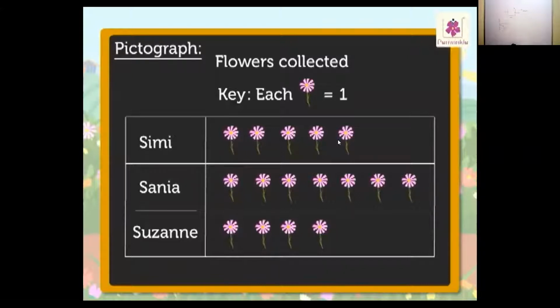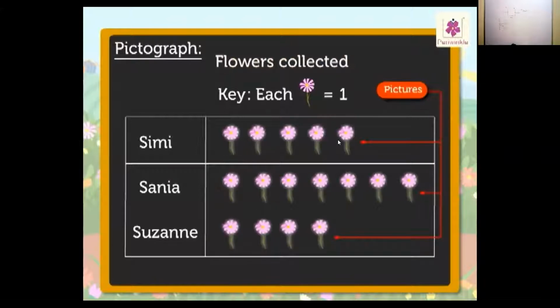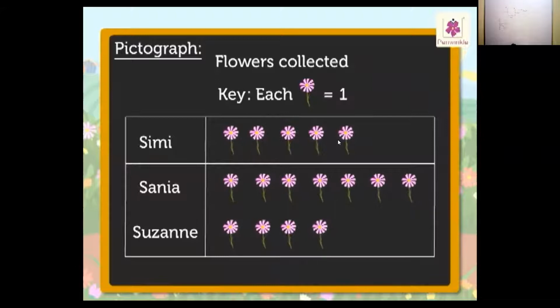We should be able to collect information from a pictograph by reading it. Every pictograph has: 1. A title which tells us what the pictograph is about. 2. Pictures which tell us the given number of objects. 3.